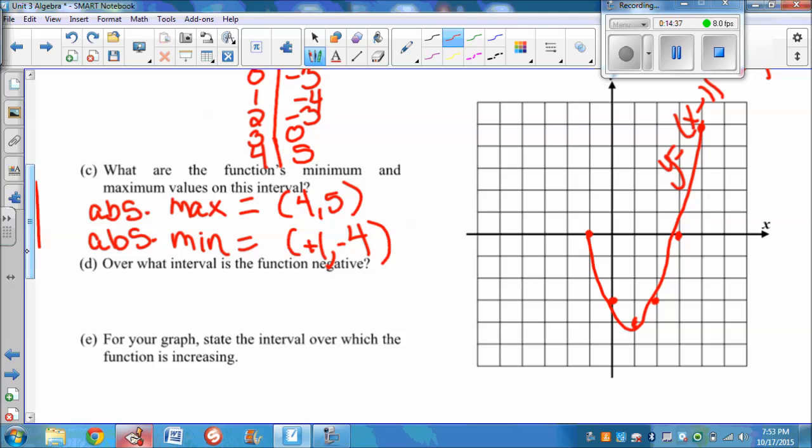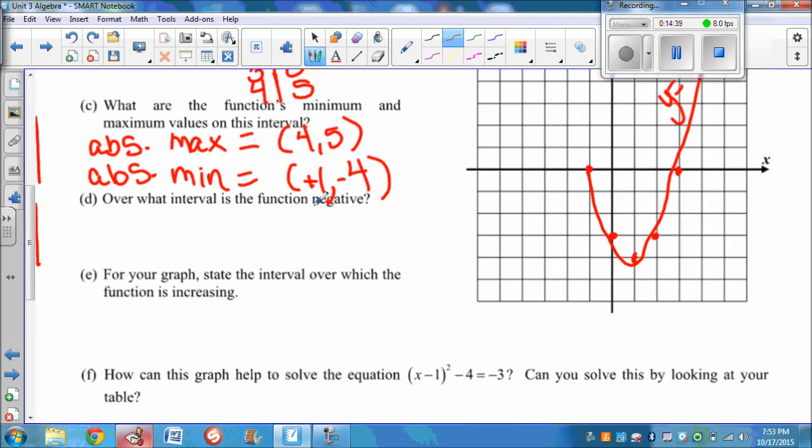And then it says, over what interval is the function negative? So just by looking at that graph, it's negative where it lies below the x-axis. It's positive where it's above the x-axis. So our function is negative below the x-axis, and we have to state that in interval notation. It goes from negative 1, all the way over to 3.